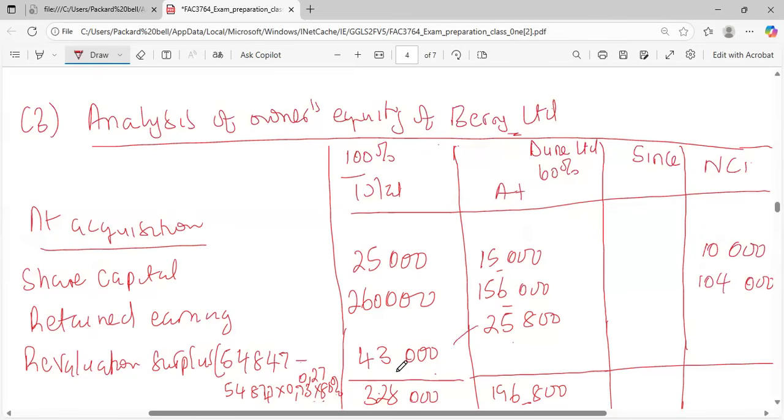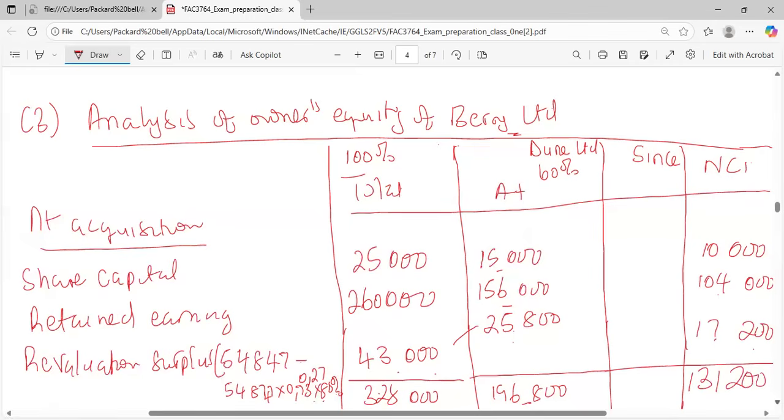So it's going to be 43,000 minus 25,800. It's going to be 17,200. So we add the 3 and we get our NCI. It's going to be 114 plus 17, 131,200. So this one is going to be 131,200. That's our NCI.